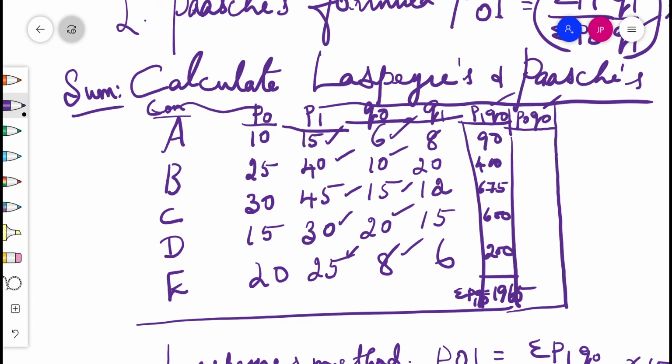Like that, P0 Q0: 10 into 6 is 60, 250, 450, 15 into 20 is 300, 20 into 8 is 160. Here also we get the total of P0 Q0 as 1220.